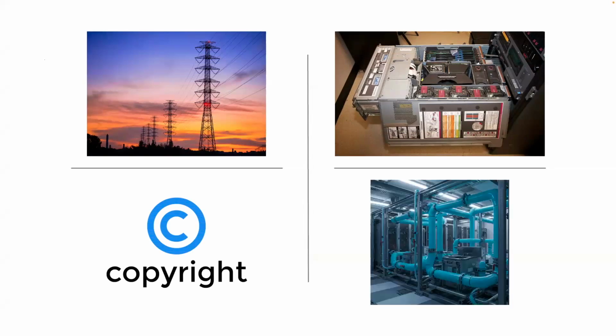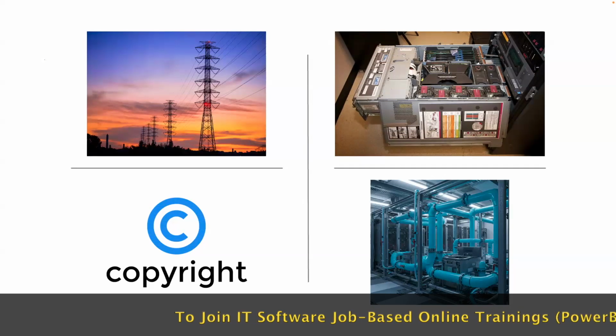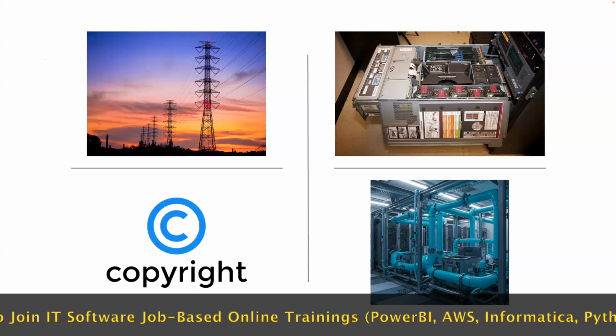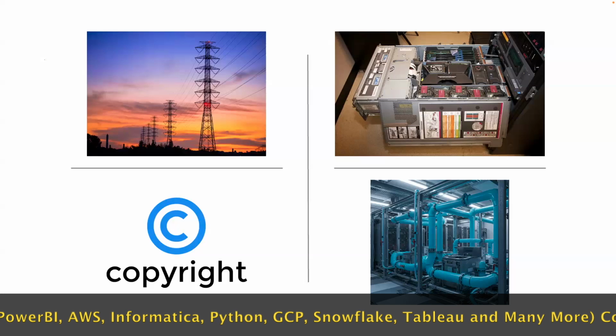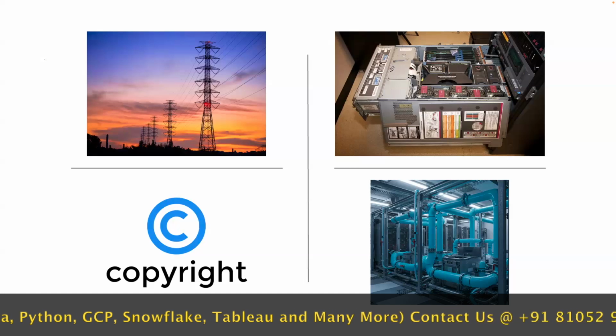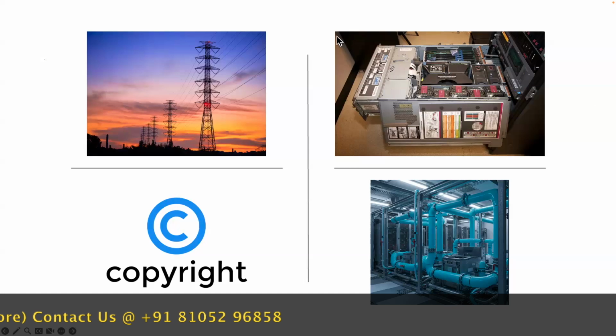If there is a database, you need to renew the licenses. Then the cooling system, this itself is a huge cost when it comes to large data centers. If you ever visit a data center, you know the data center temperature should always be less than some 20 degrees. So this is again another cost when it comes to a data center.